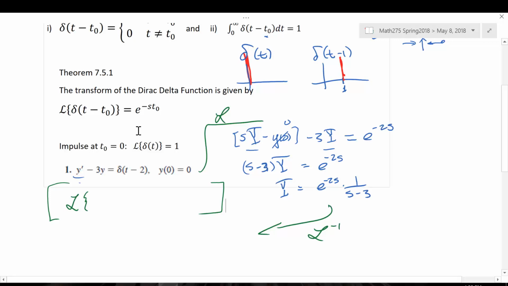So we have the inverse Laplace of e to the negative a s, capital F. Okay, so that's the formula that we want, right?